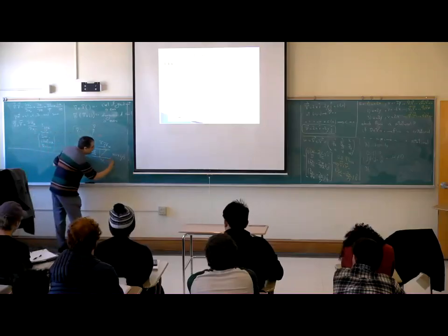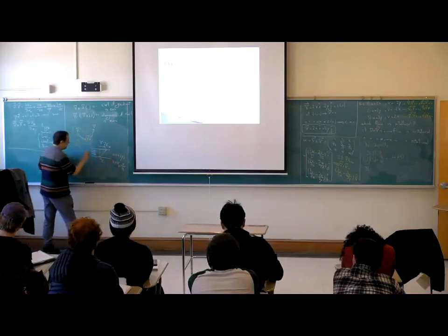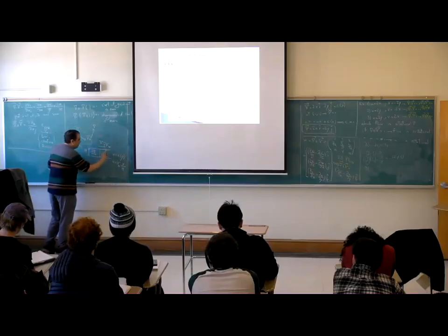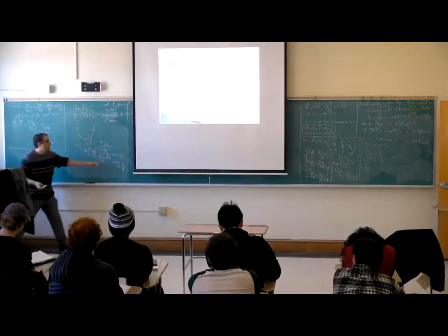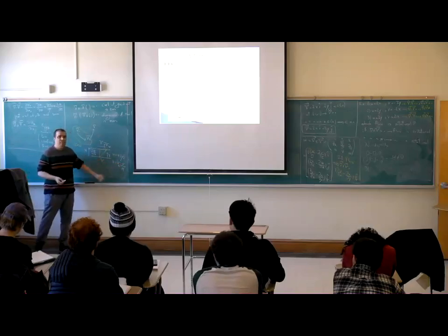So u is equal to v wall times y over h. This is h and this is y. When y is 0, u is 0. When y is h, u is v wall.